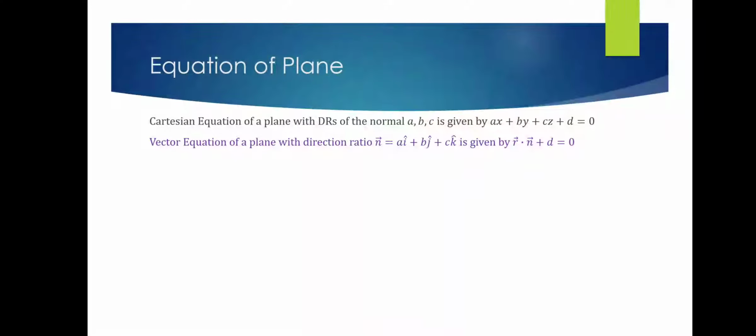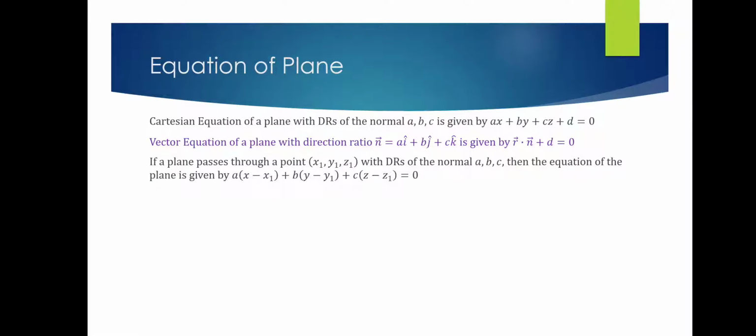Then in the vector form, let us just give that direction ratio a name. So let that be n vector, that is ai plus bj plus ck. Then the equation is given by r vector dot n vector plus d equals to 0, where r vector is the current vector.